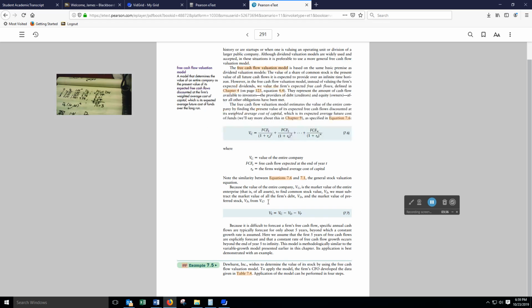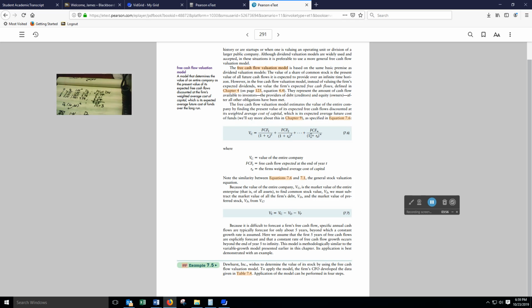Now, because the value of the entire company, V_C, is the market value of the entire enterprise, that is all of its assets, to find common stock value, V_S, we must subtract the market value of all the firm's debt, and that is V_D.